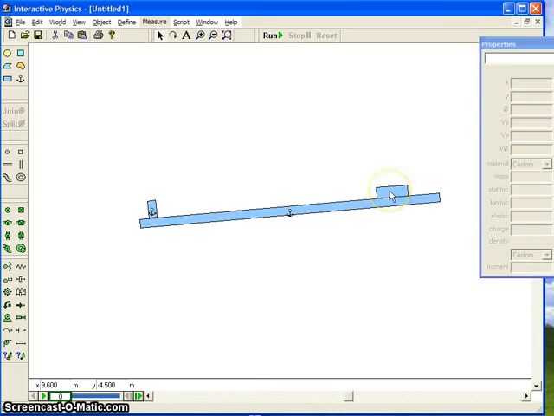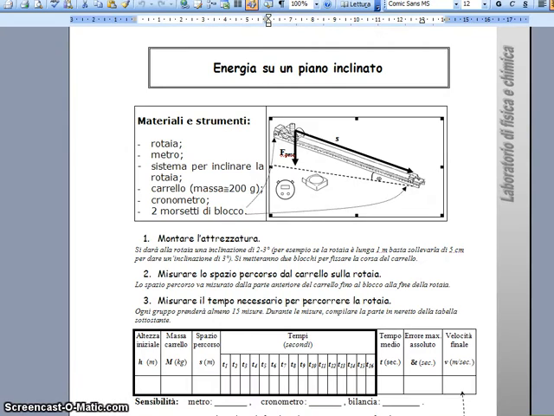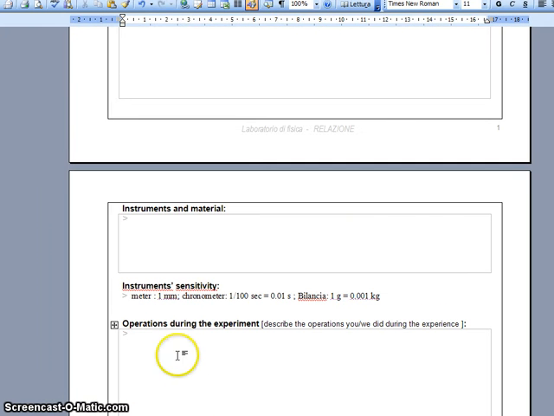You remember? We used the bilancia. So, you have to write all the operations here in the section. We measured the time 16 times, the mass, the height of the object at the beginning, and the length of the motion. Okay.